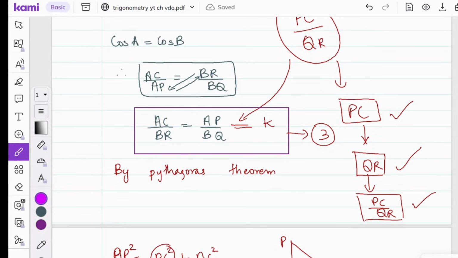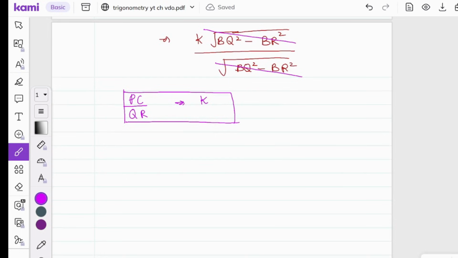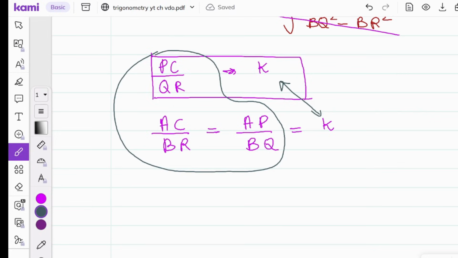Equation number 3 says that AC by BR equal to AP by BQ, which is equal to K. Therefore, I can write AC by BR equal to AP divided by BQ, and its value is also equal to K. If these values are all equal to K, that means AC by BR equal to AP by BQ equal to PC divided by QR.